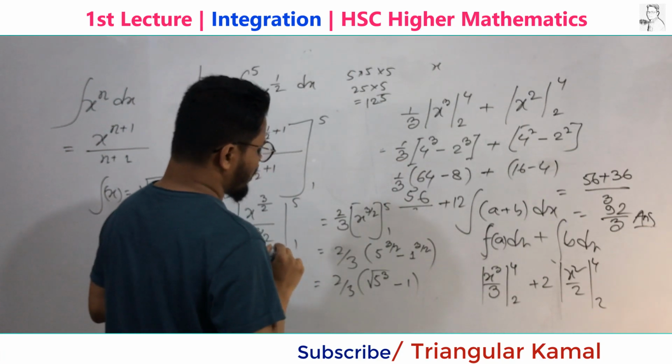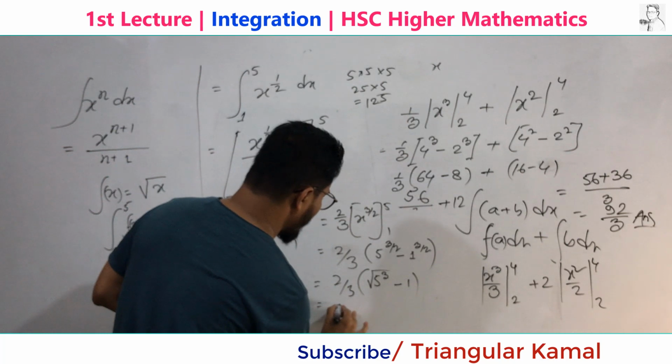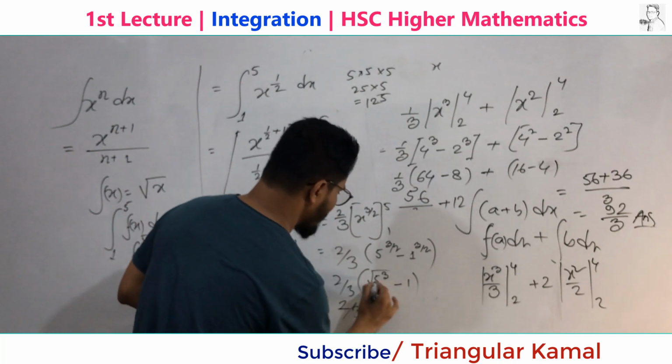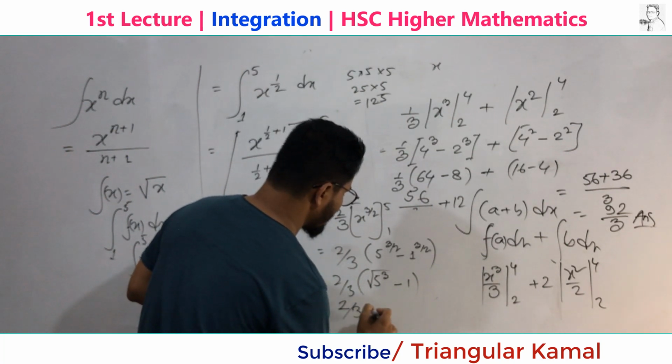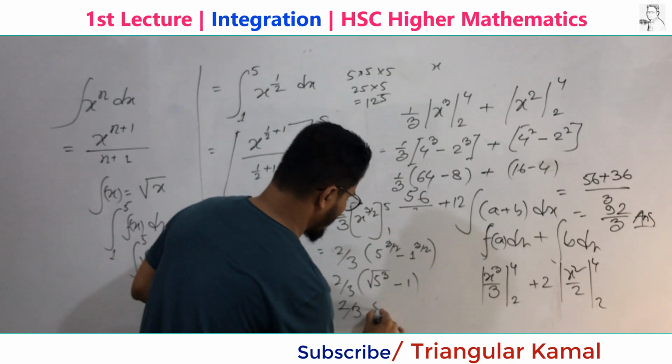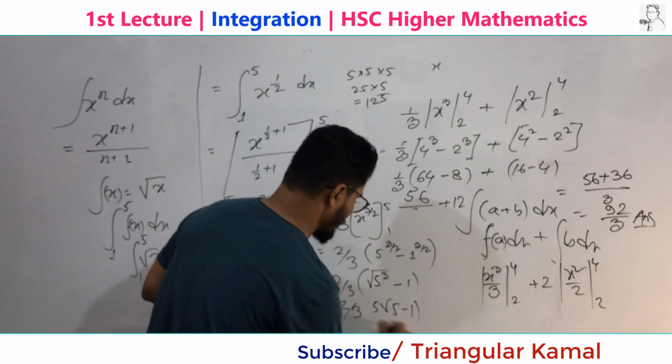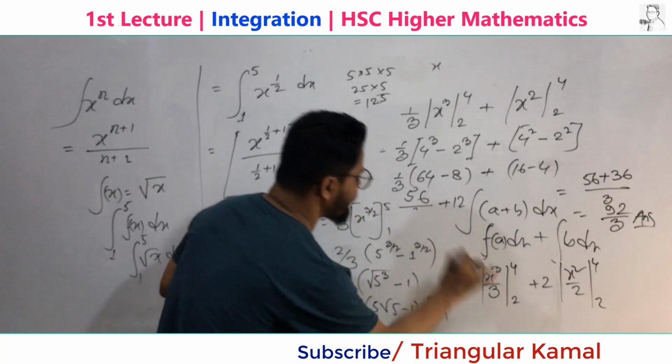So now we can write 2 by 3. Doing this calculation, we can get 5 root over 5 minus 1, and this is our final answer.